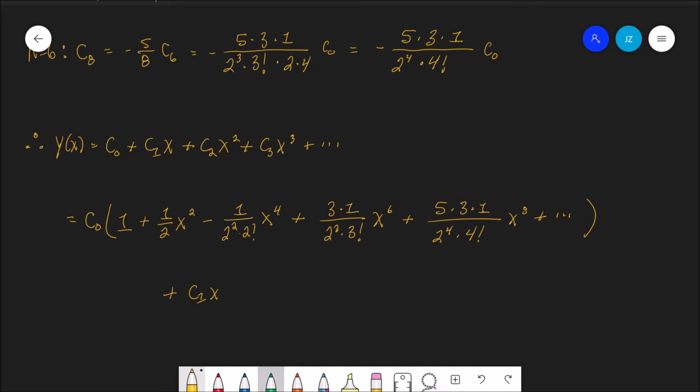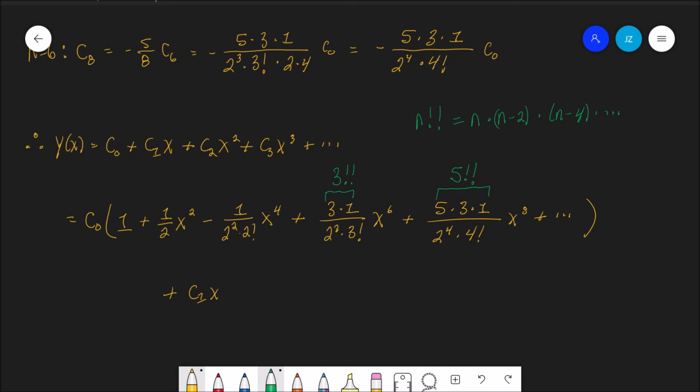Now I'm going to make a note that I can write this as 3 double factorial, and I can write this as 5 double factorial, and so on and so forth. In general, n double factorial is n times n minus 2 times n minus 4, so on and so forth, and take it down to times 1.